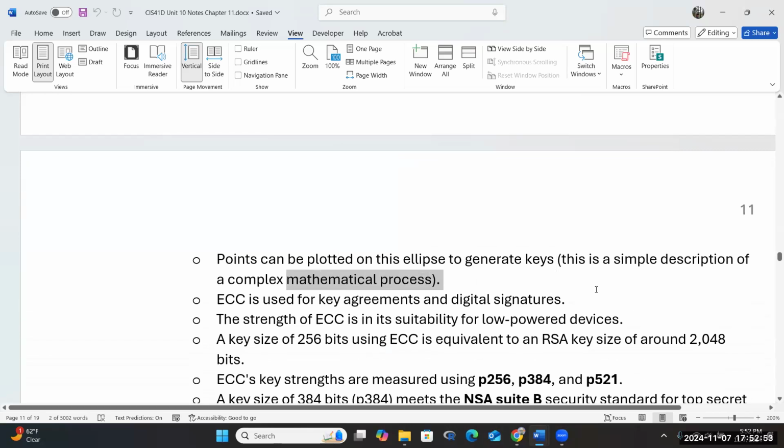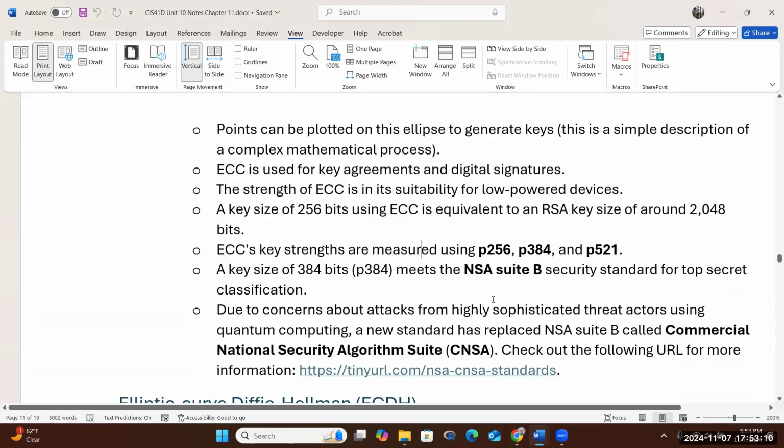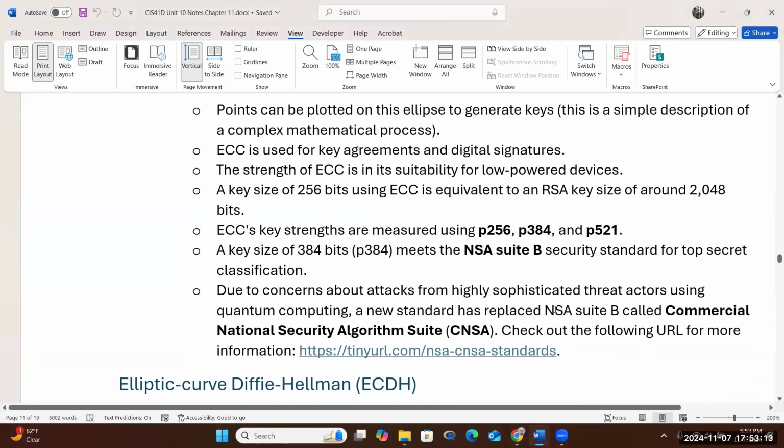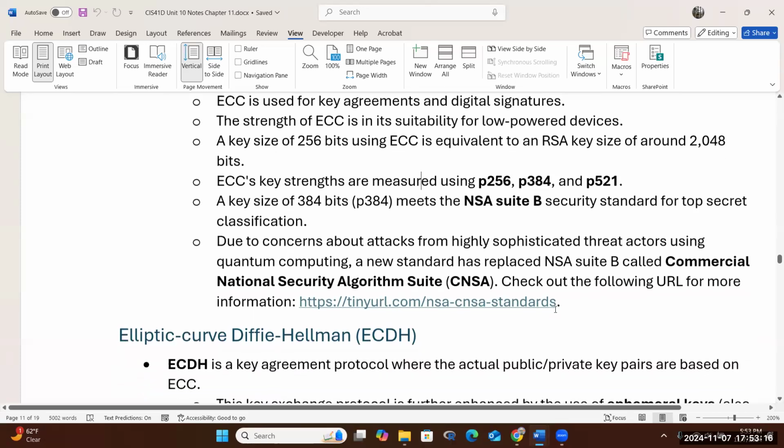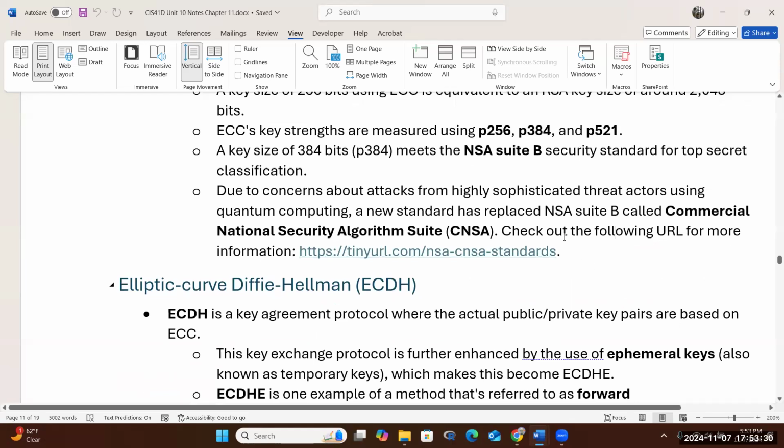And then for the key agreements, it uses key agreements and the digital signature. This is how the key can be transmitted or have a transaction for the key. And the key length is 256 bits. I think this one is preferred by the NSA or government agencies for performance purposes. And you can break it, but a lot of times it is a little bit harder to jeopardize, right? You can read the information in the standards.